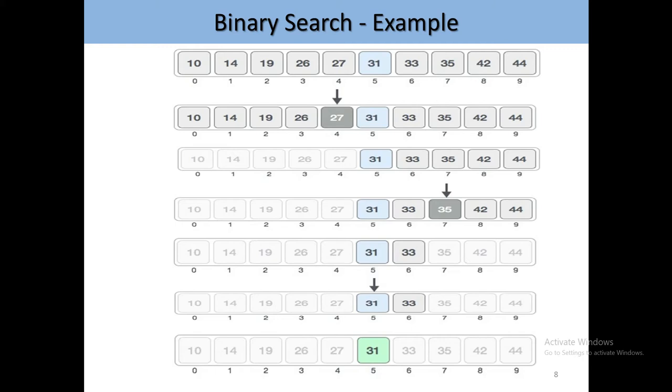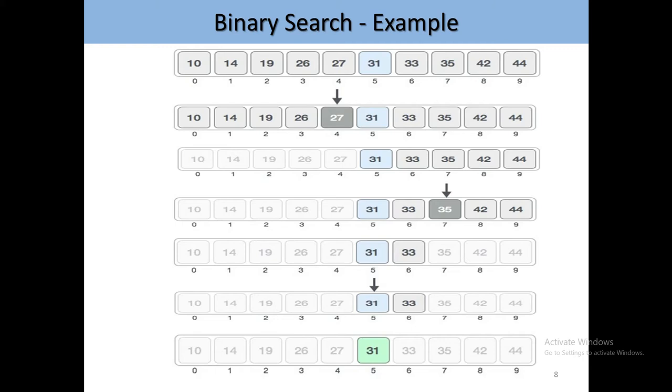Now again we will find the midpoint. So 5 plus 9, that is 14, and 14 divided by 2 is 7. So now the next midpoint is 35. Again 31 is compared with 35. As 31 is less than 35, our upper bound will now be shifted to midpoint minus 1.